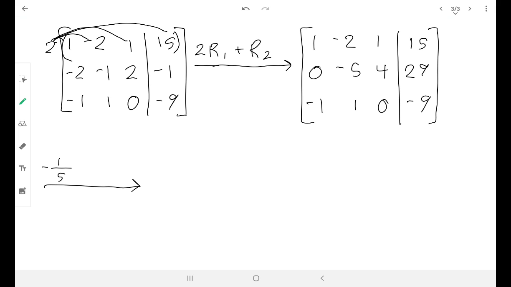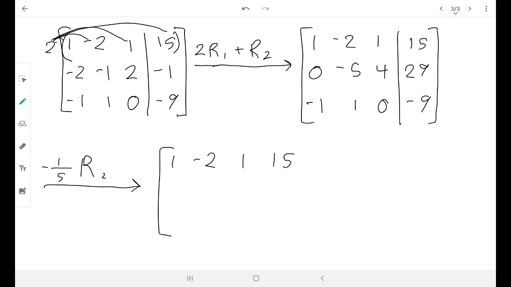Yeah, I'll do that. -1/5 times row 2. It's going to get a little messy, but this is how I've been showing you, and it'll turn out just fine.